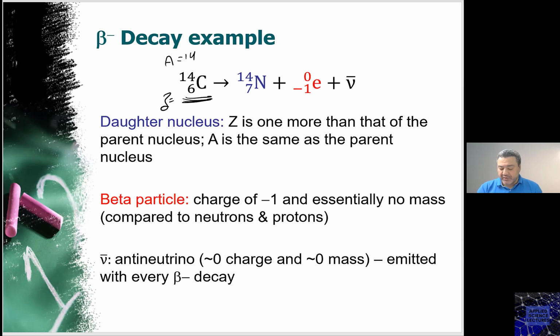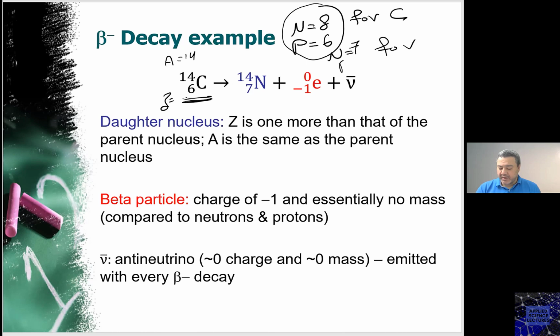If I look at the neutrons, we have 8 neutrons and 6 protons. So one of the neutrons will be replaced by a proton. So N becomes 7, and P increases, becoming 7.